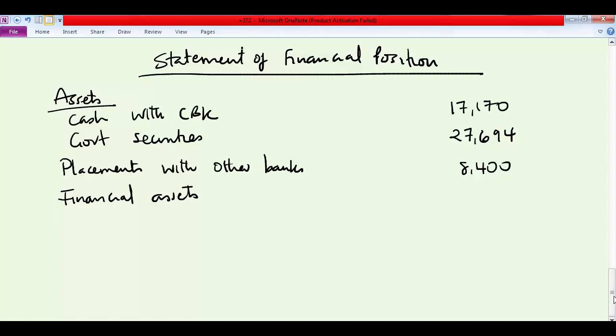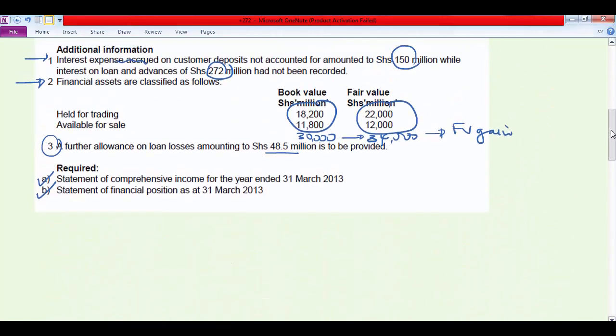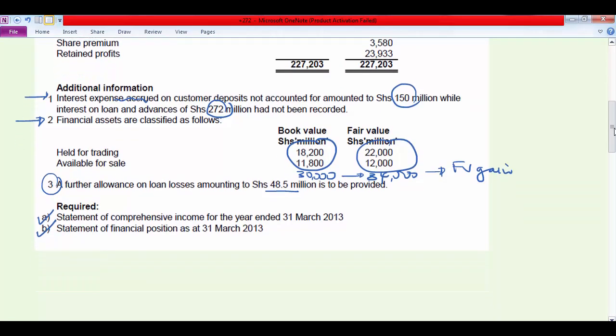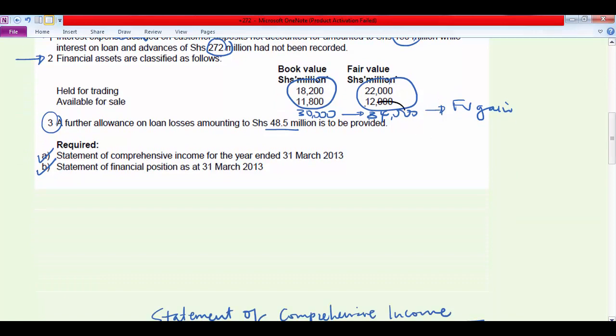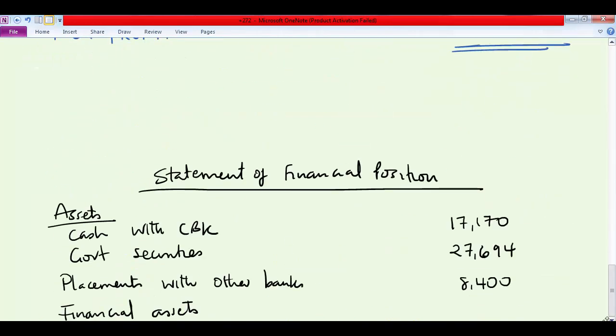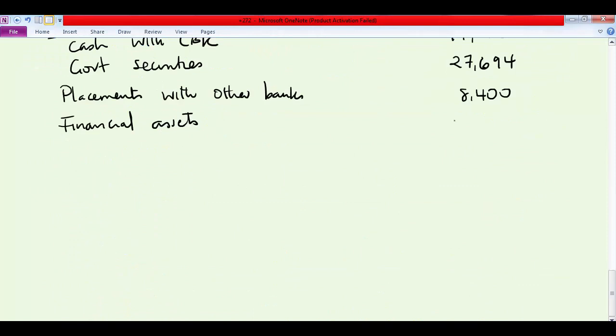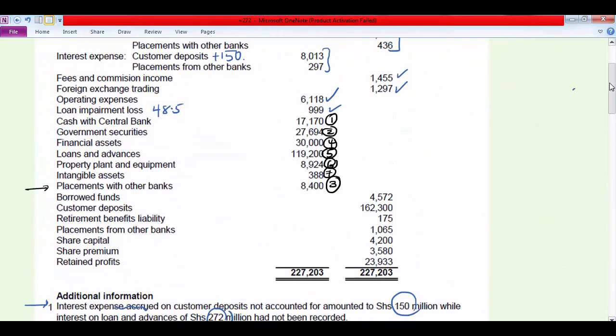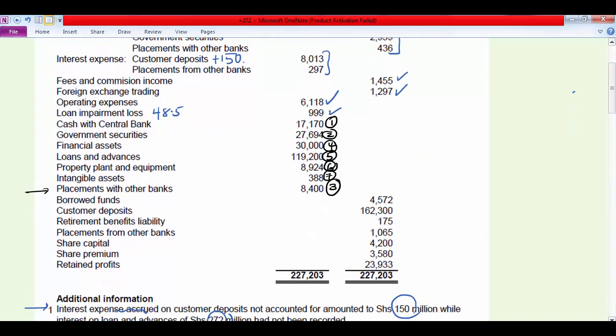So with financial assets, you have to ensure that you take the fair values, which we got from note number 2. Yeah. So we take the closing valuation here of 34. Then we have loans and advances. Now loans and advances poses a slight challenge. What do we have as loans and advances? We can see that the amount from the TB is 119,200.